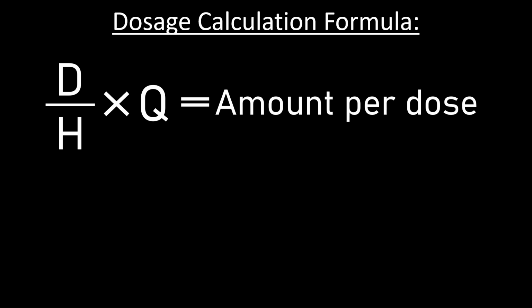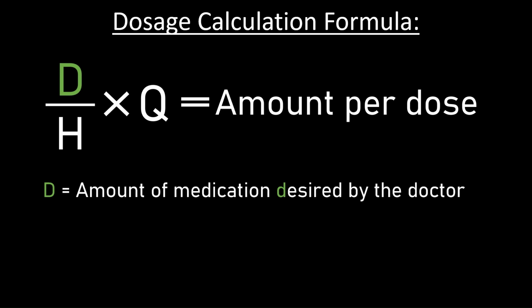D over H times Q equals amount per dose, where D equals the amount of medication desired by the doctor. To easily remember this variable, you can shorten this to D equals desired or D equals doctor. This unit will always be a unit of mass or weight, such as grams or milligrams.